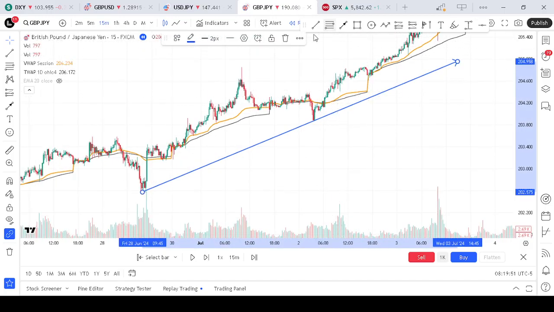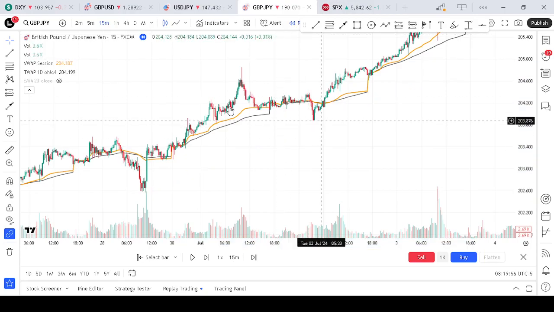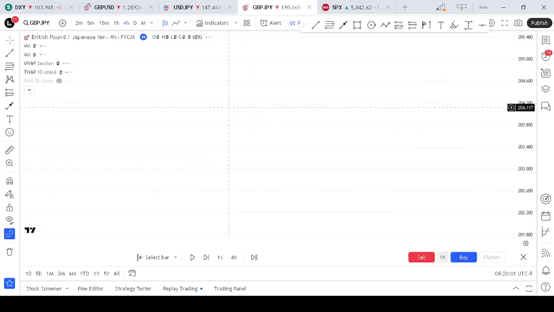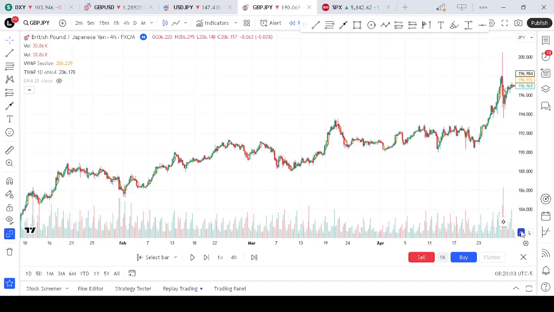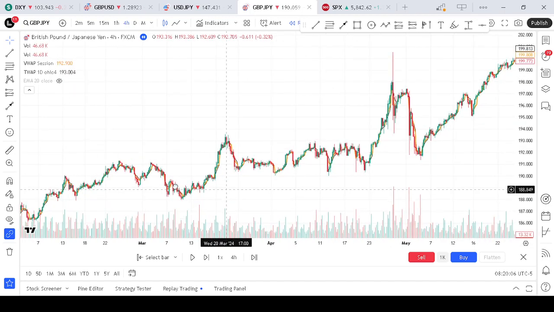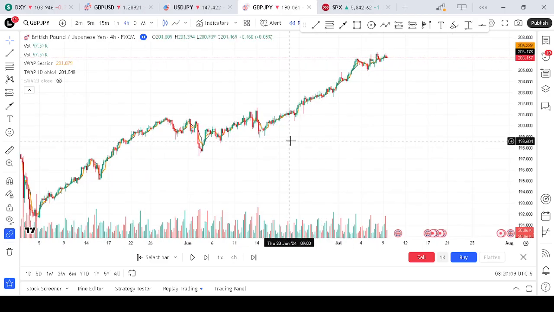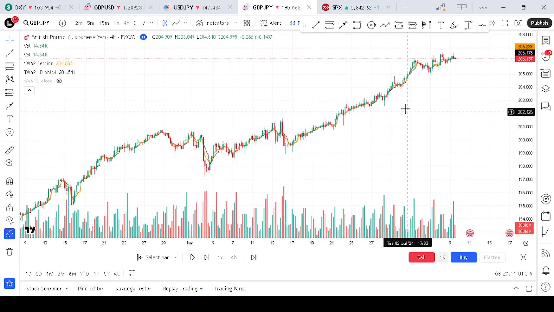We confirm our uptrend using our higher time frame, and if we go to our higher time frame, let's say our 4-hour time frame or the daily time frame, we can see that the chart is trending to the up direction. As you can see, it is also showing that we are in an uptrend.